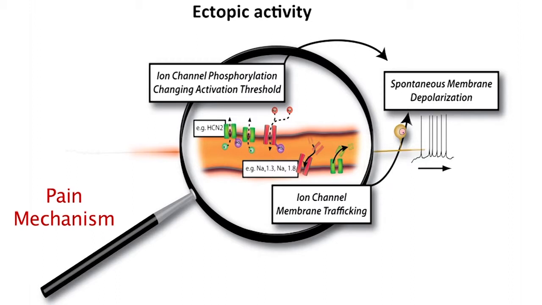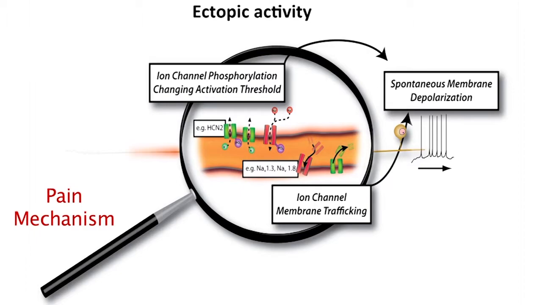So ectopic activity is one of the major drivers for pain that occurs in the absence of any stimulus, and is the consequence of an increase in excitability of damaged neurons, resulting from an abnormal accumulation of ion channels, and changes in the properties of these ion channels such that there may be pacemaker-like potentials in the membrane generating action potential discharge.